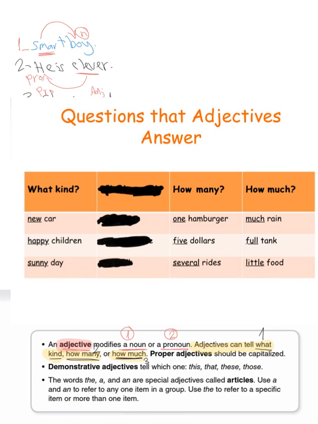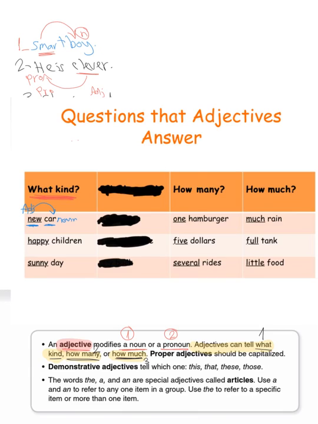Now, the first question says, what kind of something? As you see here in the examples, new car. No doubt that new is the adjective, so we write adj, and it describes car, which is a noun. Excellent.